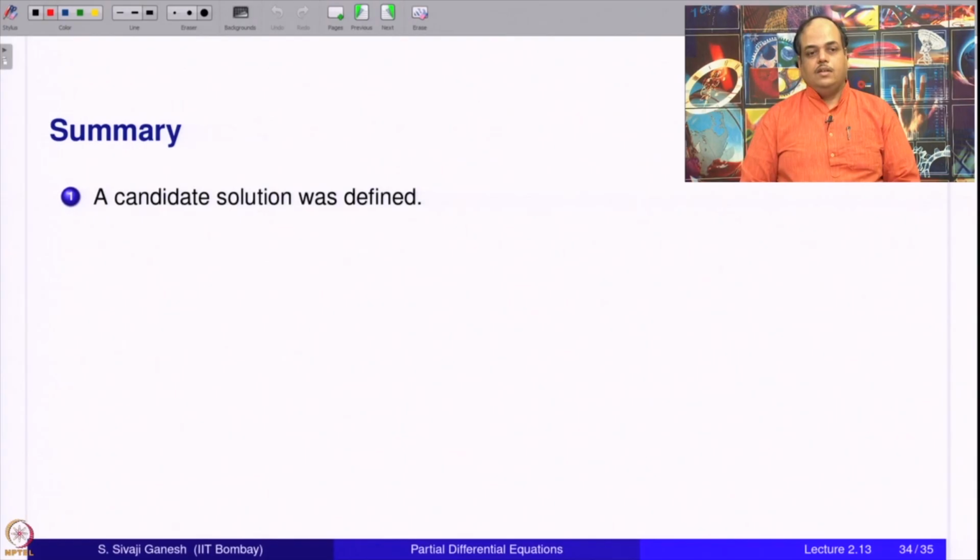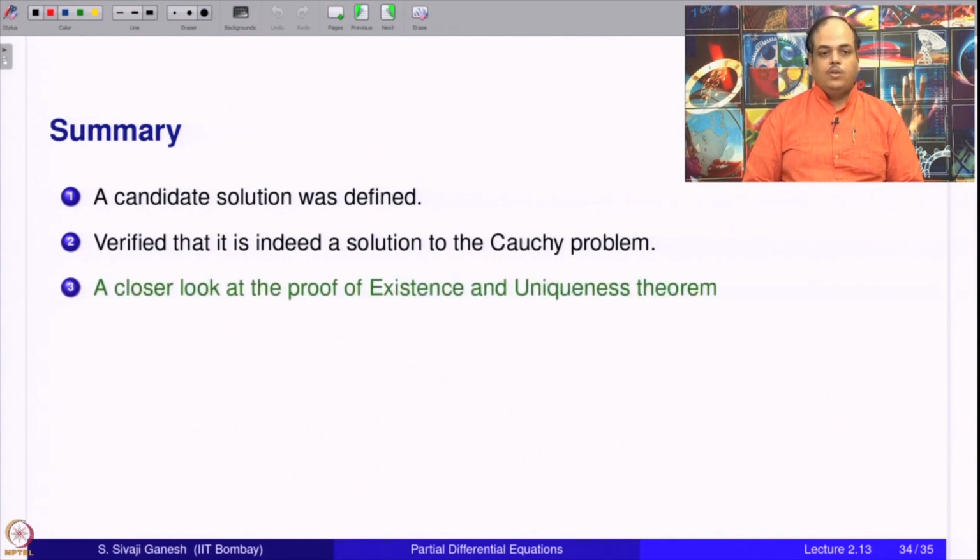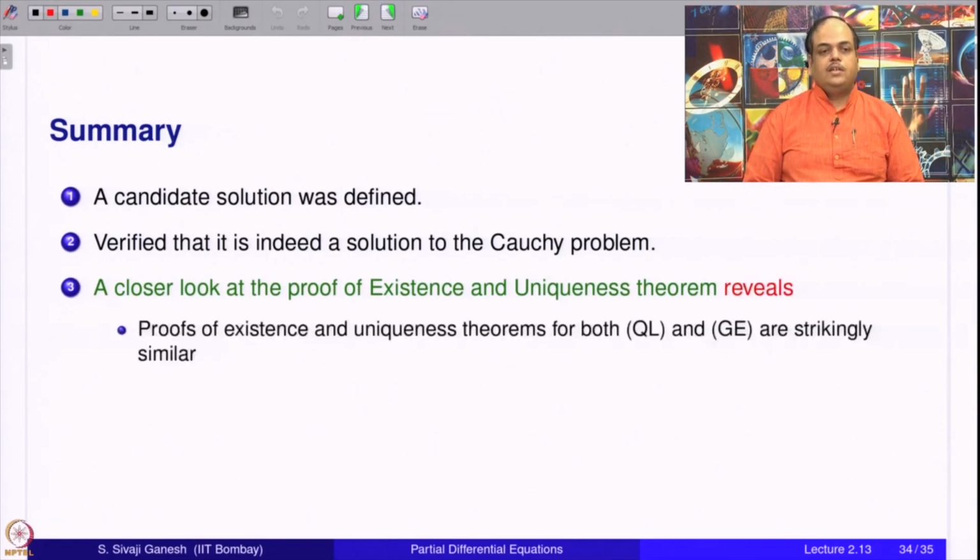So, summary for this lecture is that the candidate solution was defined, we verified that it is indeed a solution to the Cauchy problem. A closer look at the proof of existence and uniqueness theorem reveals proofs of the existence and uniqueness theorem for both QL and GE are strikingly similar, actually the same, but for obvious modifications.